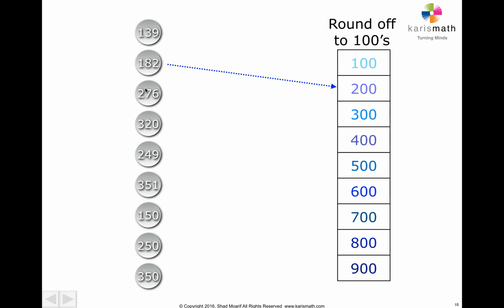It rounds off to hundreds. What's the closest hundred it rounds off to? 300. Excellent. What about 320? Yes, it'll roll towards 300. Very good. 249. Remember, 250 is on the top of the mountain, and 249 is before that, so it'll roll towards, very good, 200. Excellent. What about 351?